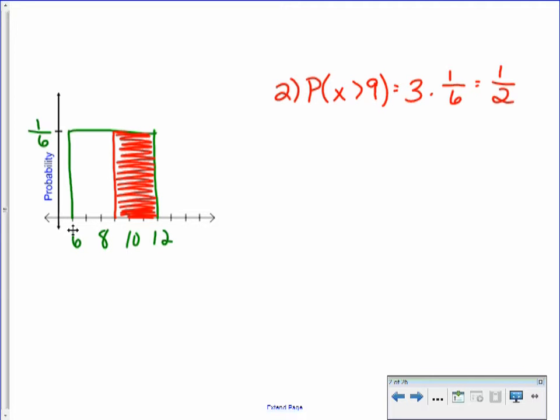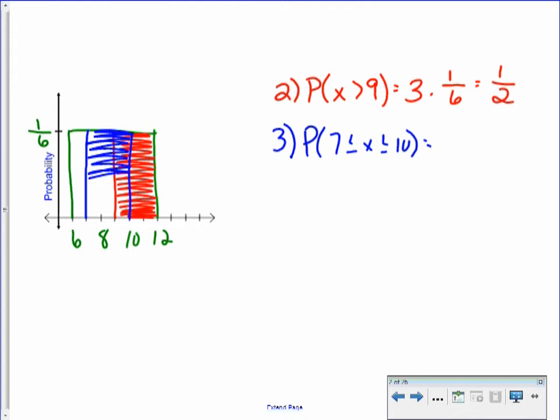So then, number 3 was the probability that Claire has a shoe size between 7 and 10. So we're between 7 and 10. How wide is our blue rectangle? It turns out it is the same probability. We're talking about the same amount of shoe sizes.